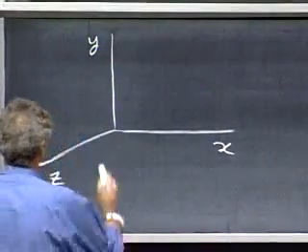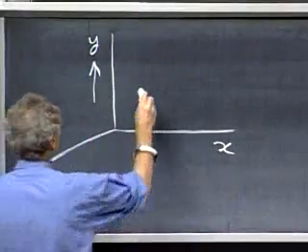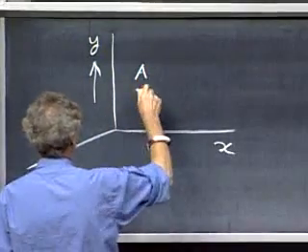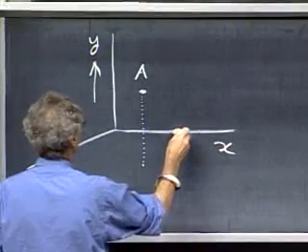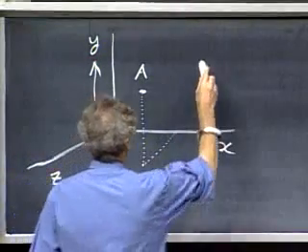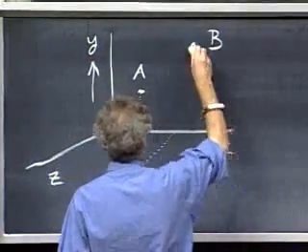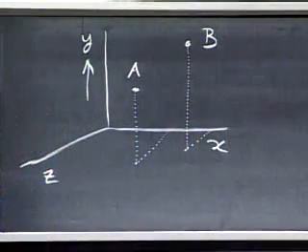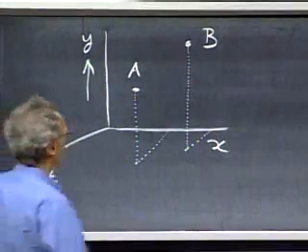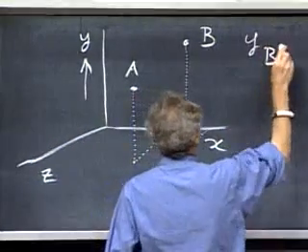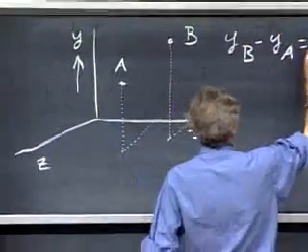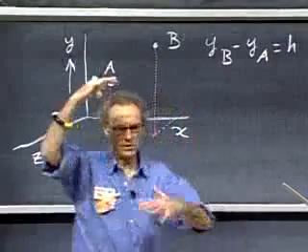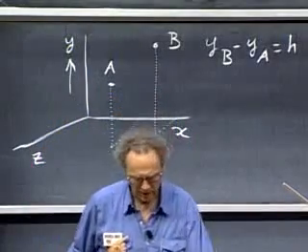This is the increasing value of y, and there's here point A in 3 dimensions, like this, and there is here point B. So you get a rough idea about the 3 dimensions. And y of B minus y of A equals h. That's a given. So there's a height difference between A and B.